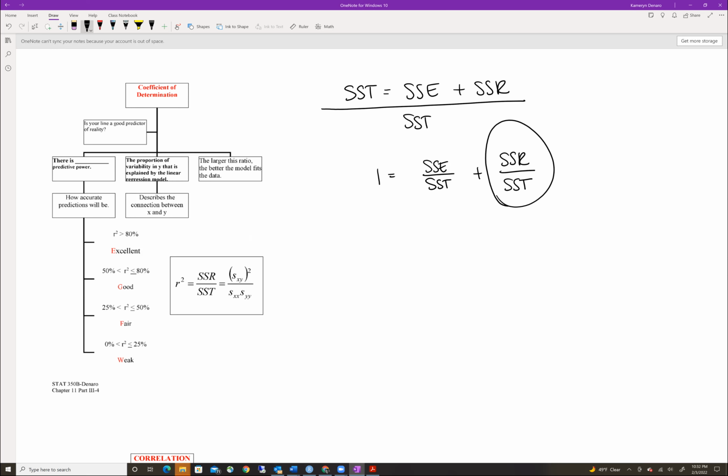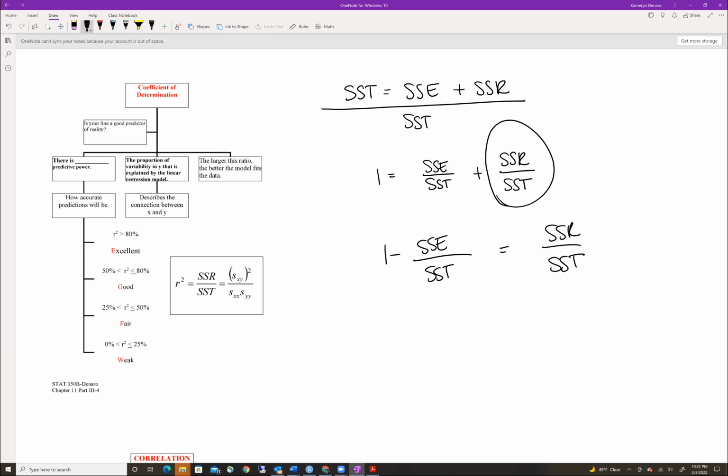That is the proportion of variability in y that can be explained by the linear regression model. So we can solve for SSR over SST: we get 1 minus SSE over SST is equal to SSR over SST.